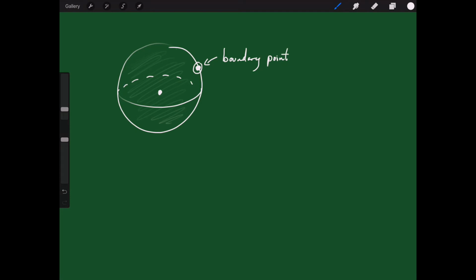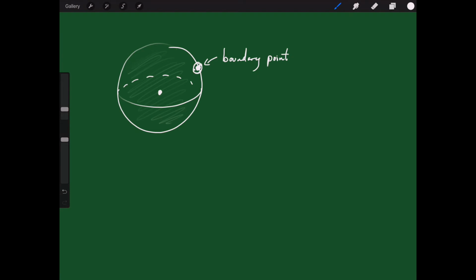And what I mean by a boundary point is, notice I drew a little ball around that point. And if I draw a little ball around that point, I get some stuff that's in the ball and I get some stuff that's out of the ball. If any ball you draw around a boundary point has some of your object and some of not your object, then we call that a boundary point.